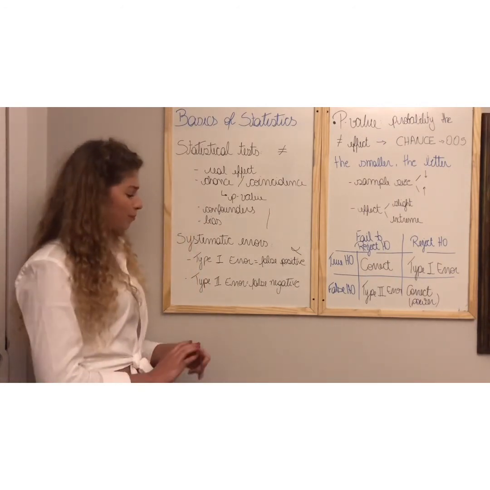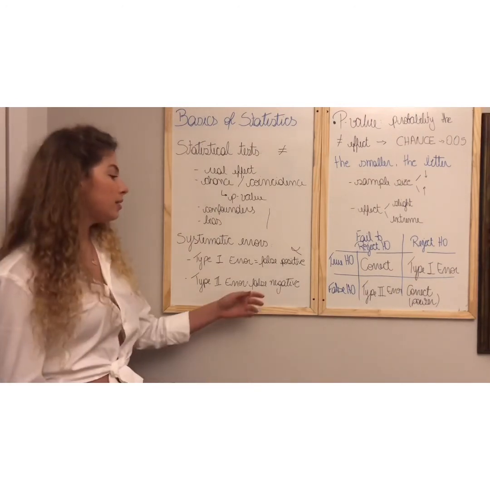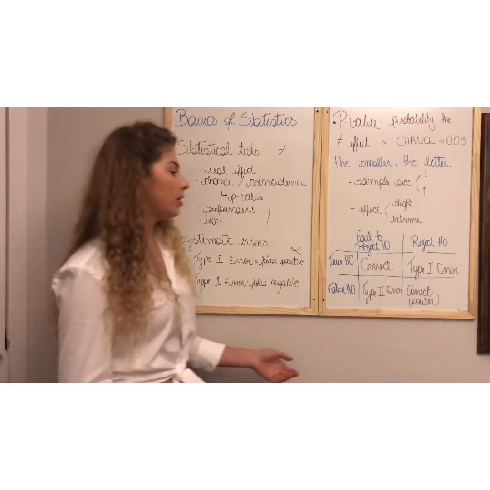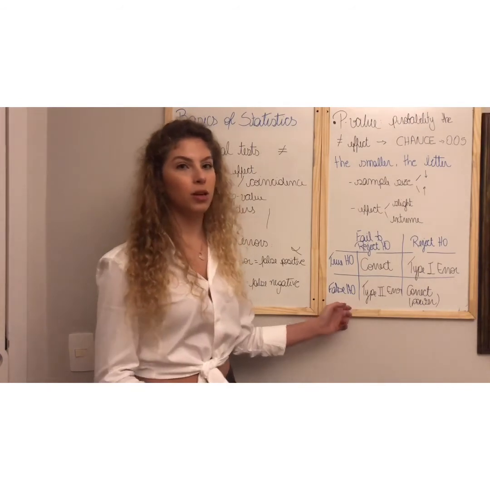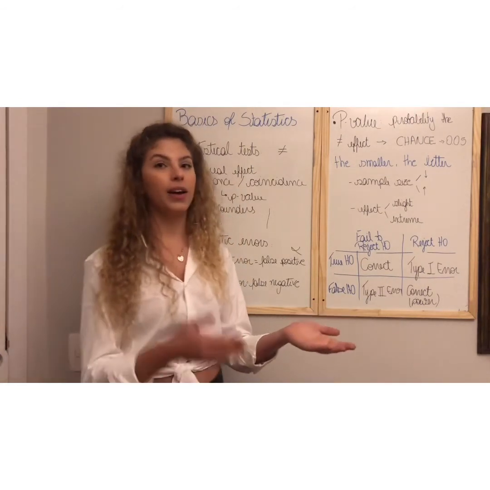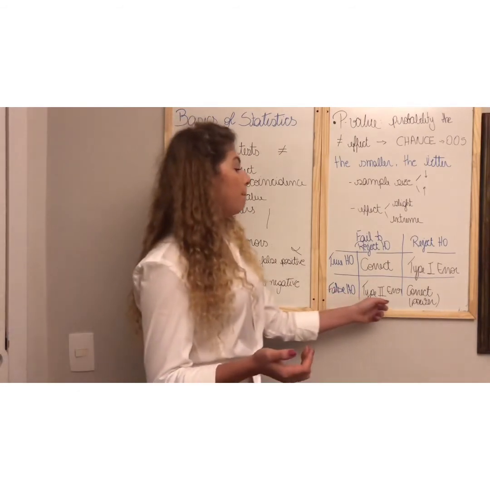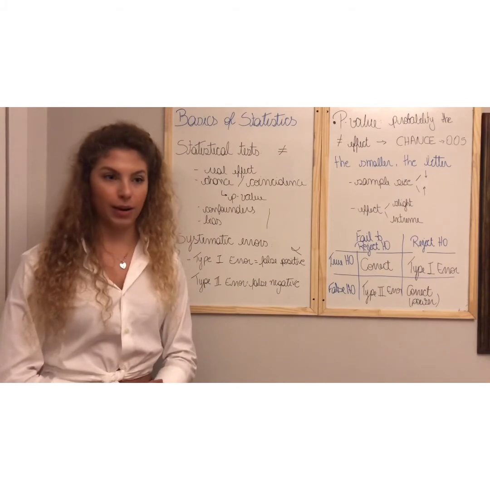Well, and then we have type 2 error. Type 2 error is also known as false negative. And what is it? It is when we have a false null hypothesis. So drug A has a different effect than drug B, it can be better or worse, but we fail to reject the null hypothesis, right?